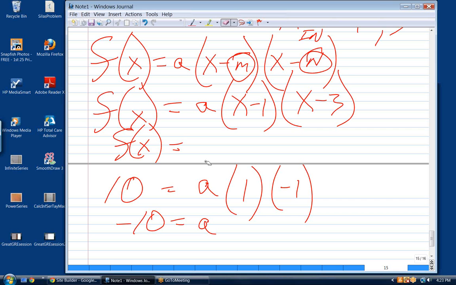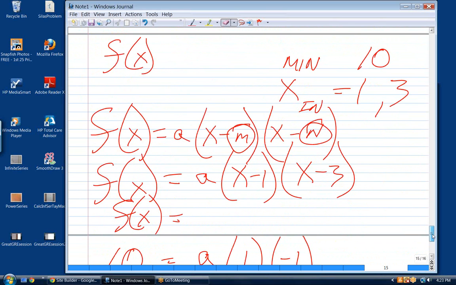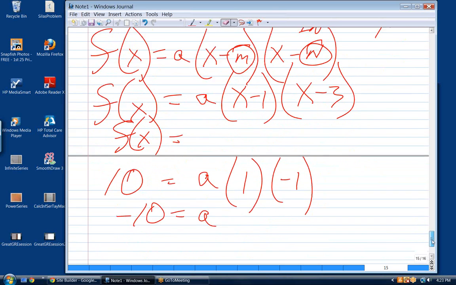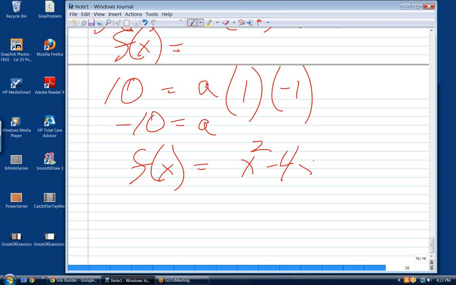So what did he say at this point? In other words, we have the minimum value. So we have our function. Let's look at this for a moment. f of x equals x squared minus 4x plus 3 as our function.